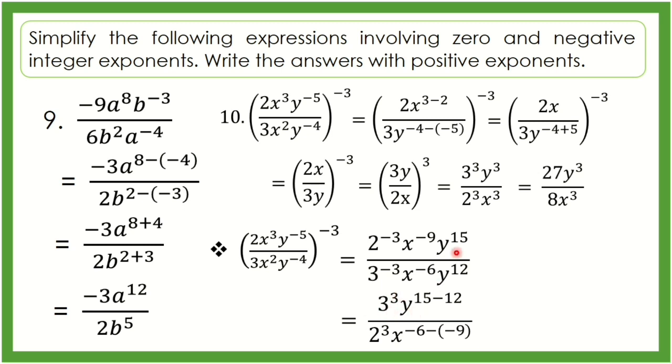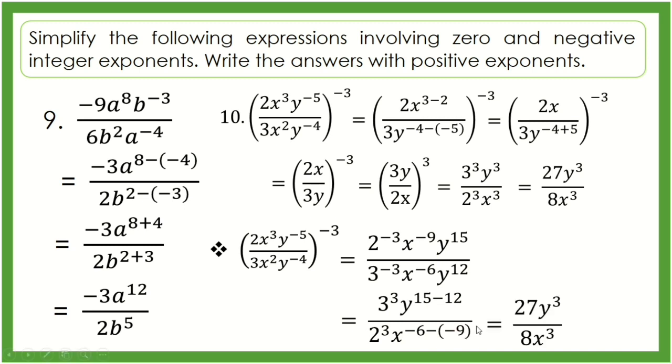And then, y raised to 15 over y raised to 12. So, apply natin yung quotient rule. Y raised to 15 minus 12. And then, x raised to negative 9 over x raised to negative 6. So, we have x raised to negative 6 minus negative 9.